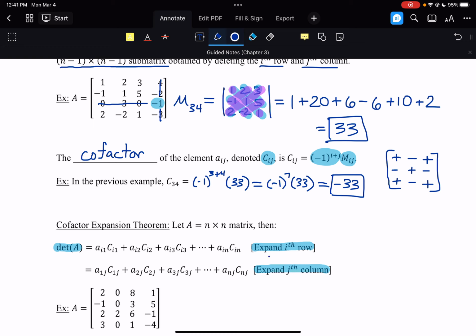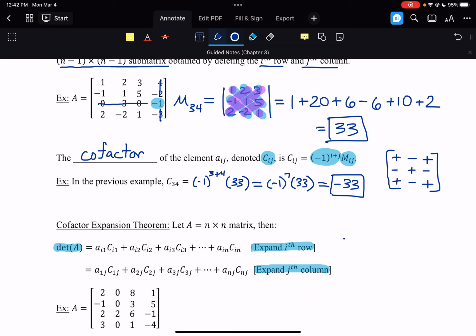We just need to expand either one of the rows or one of the columns, take the component times its corresponding cofactor, plus the next component in the row or column times its corresponding cofactor, etc. So this process can get fairly long if you have larger and larger matrices, but this is the method that we have. There's not really any good shortcuts or tricks for these higher dimensional matrices.